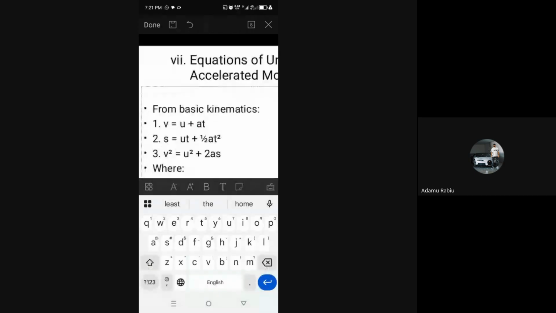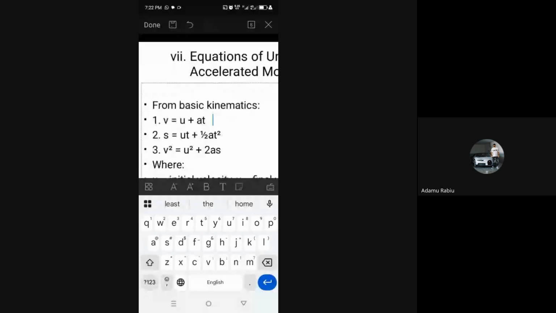Now, what do I see in a question before I know I'm going to apply the first equation? Let me simplify it for you. You have to see the prominent parameters you are looking out for: velocity, acceleration, and time. I call it VAT. It enables me to remember very quickly.